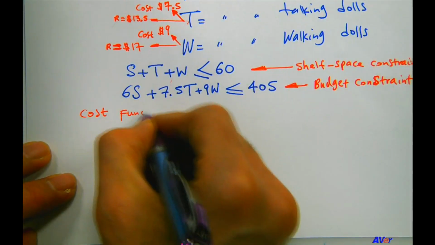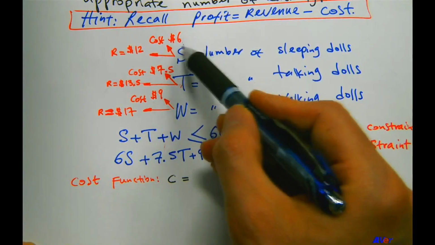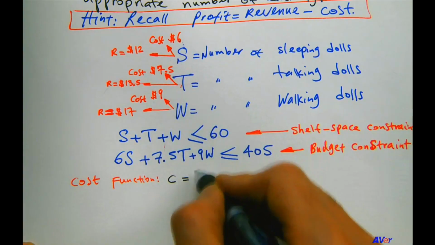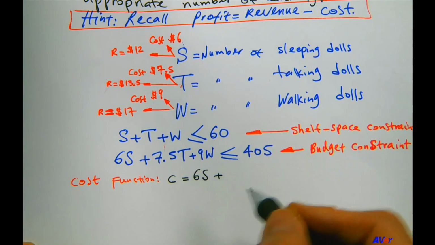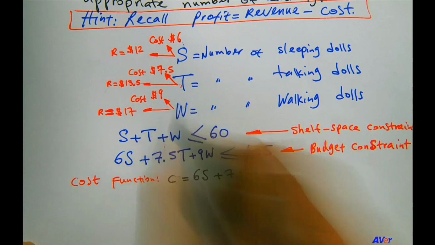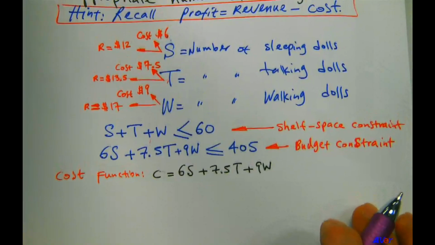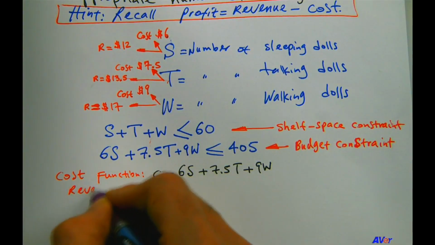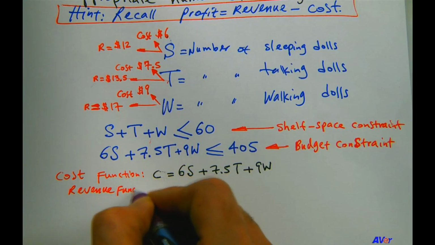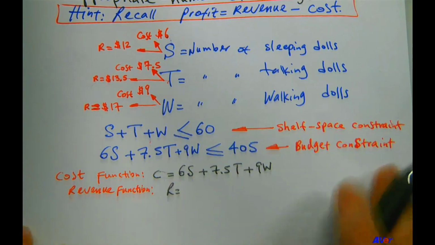So the cost function is this one, C equals 6 times S plus 7.5 times T plus 9 times W. The revenue function is equal to these numbers.